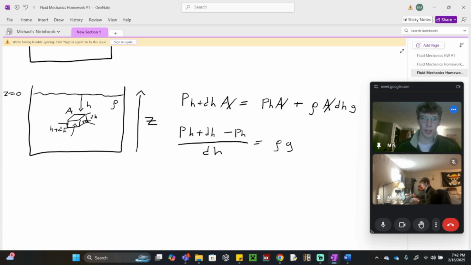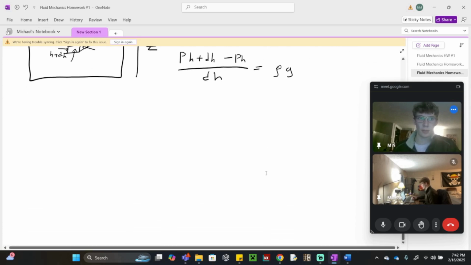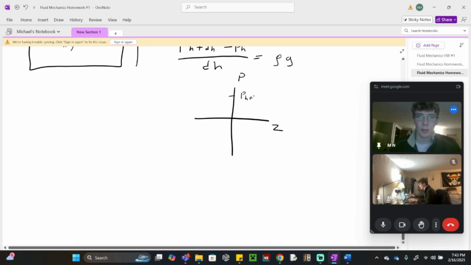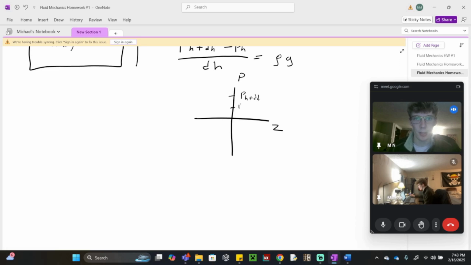Now if we plot out our pressures and Z on an XY plane, we'll take Z as our x-axis and pressure as our y, and we have the pressure at h plus dh, and we have our pressure at h, and then we have our Z's at h plus dh, but this is negative, remember, because it's below Z equals 0, and we're taking positive as up, and negative h.